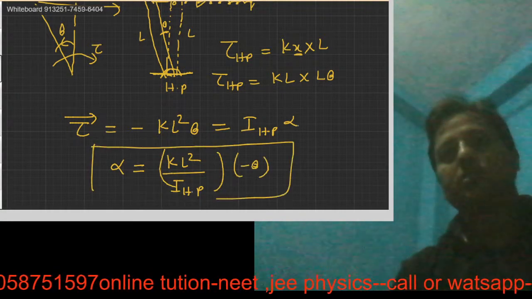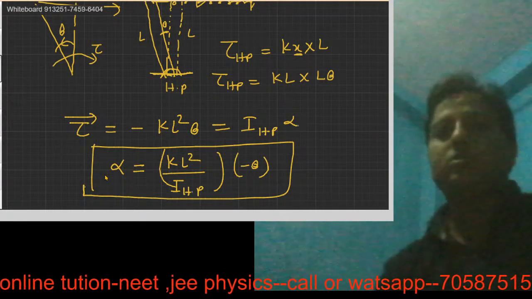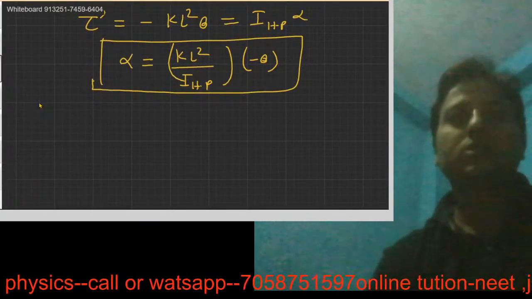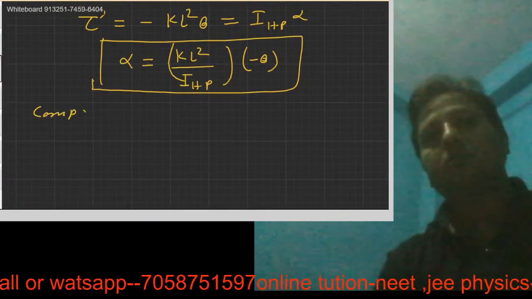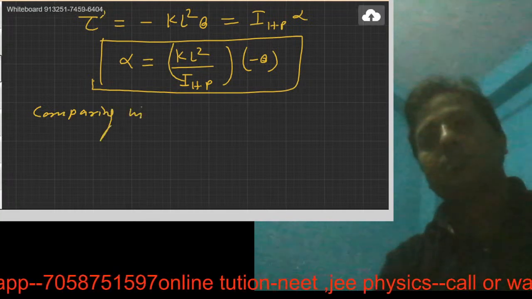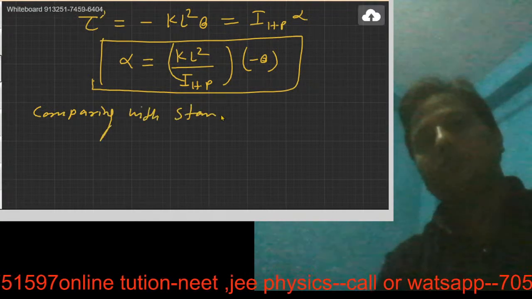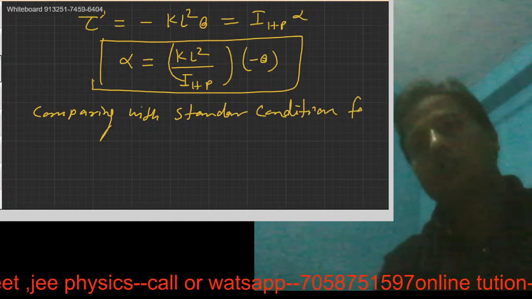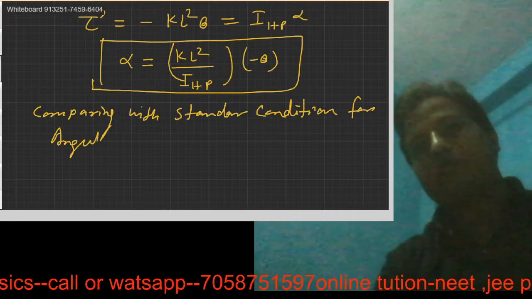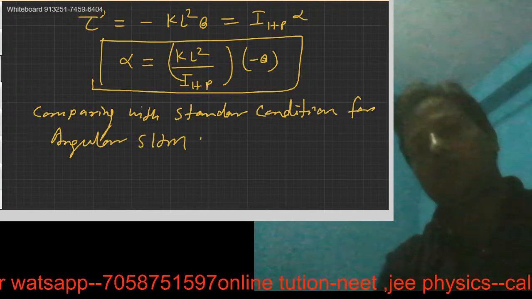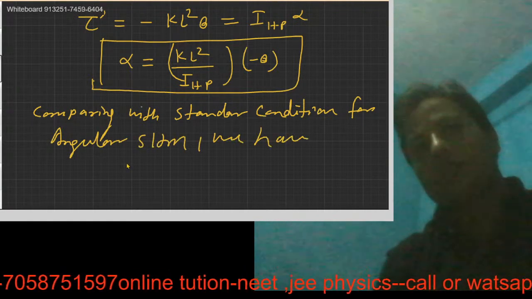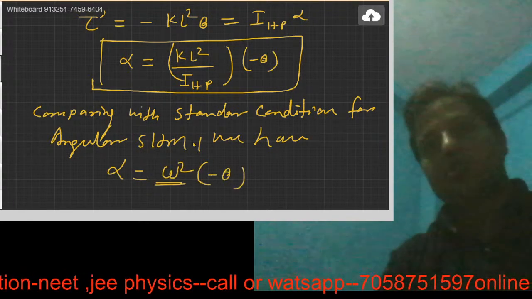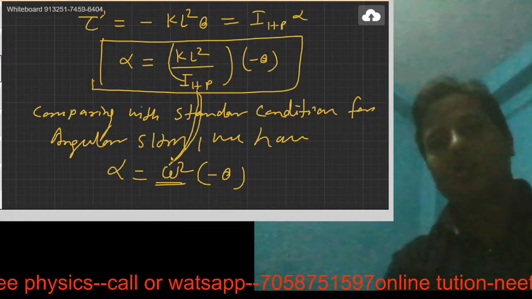Comparing with the standard equation of angular SHM, we have alpha equals omega square into minus theta. So this term is nothing but omega square.